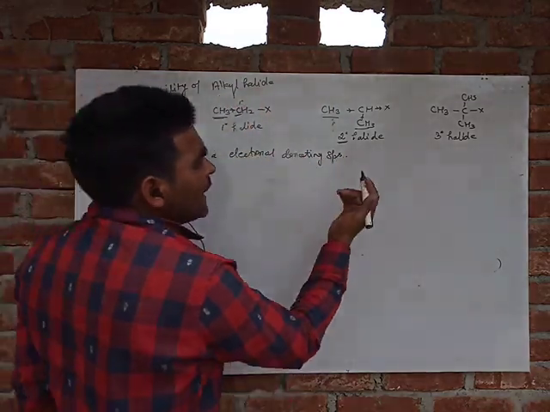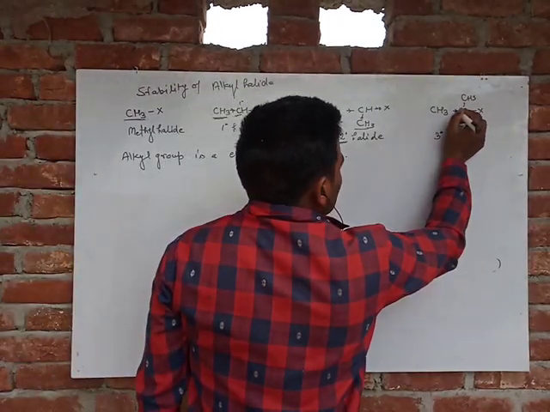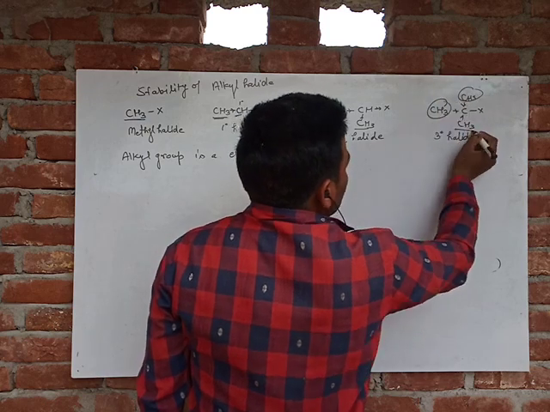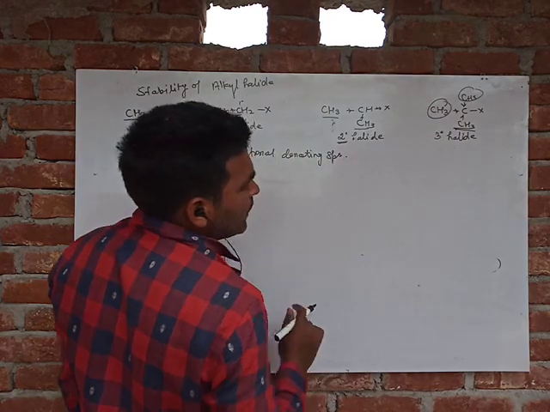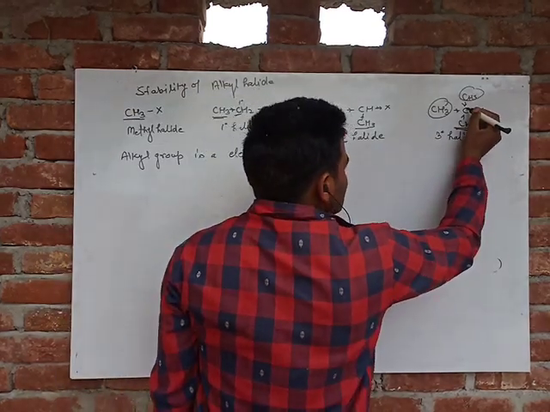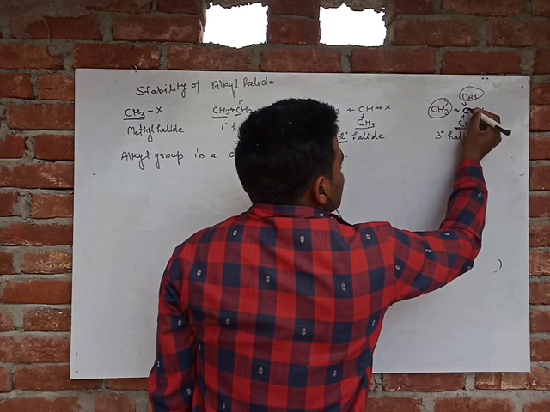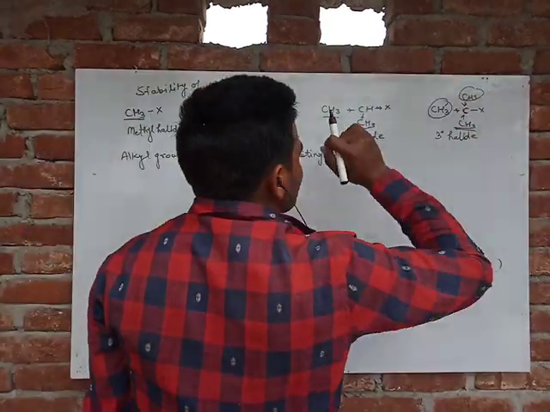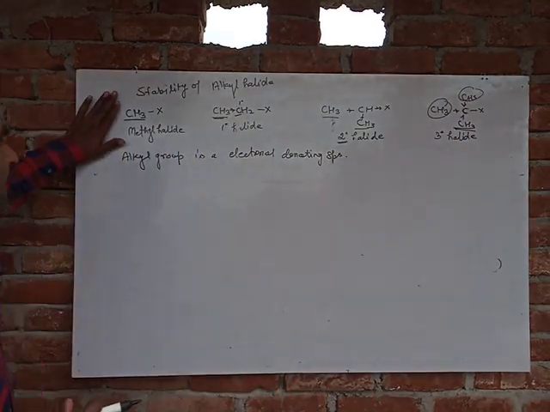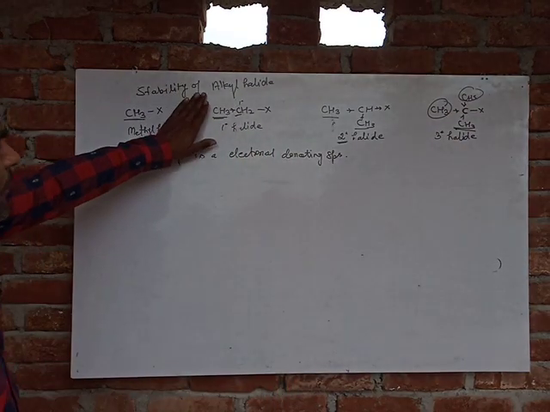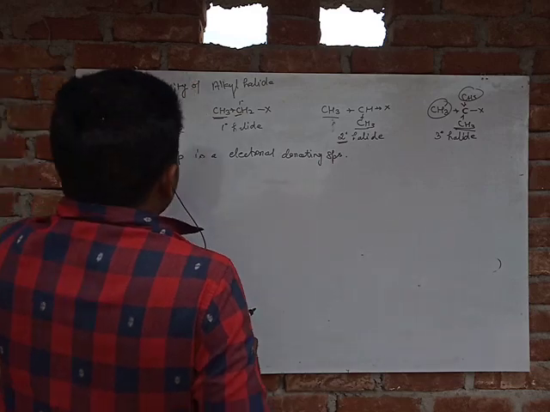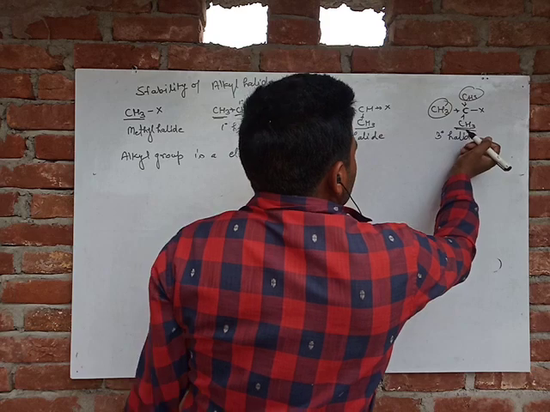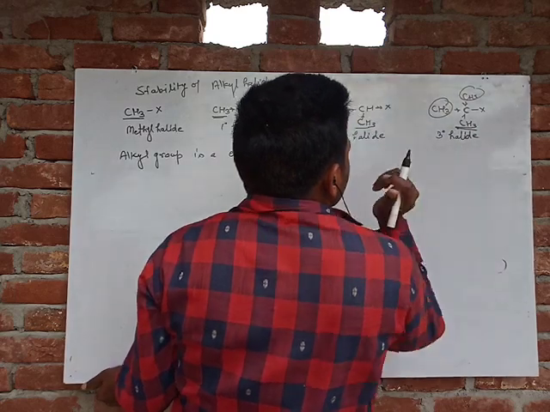And in tertiary halide, three methyl groups are bonded with this carbon. So this carbon is the most electron rich center compared to all of these examples. Methyl halide has very little electron density, primary halide more than methyl halide, and the tertiary halide is the most electron rich center.